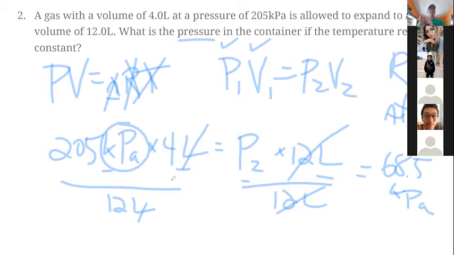Exactly. So because we multiply one by the other, they're inversely related, right? So if P goes up, V's got to go down. So when we multiply them together, you get the same thing. So that's how they're related. Pressure goes up as volume goes down.